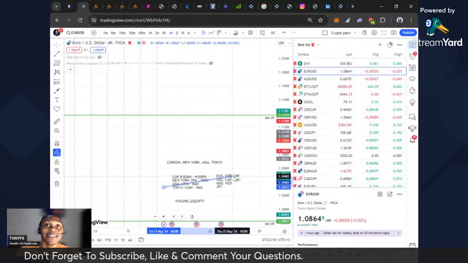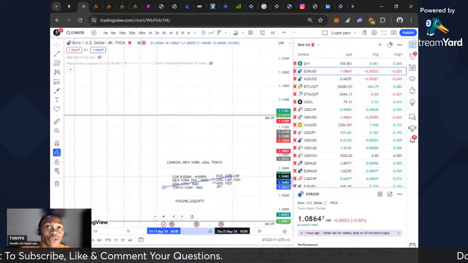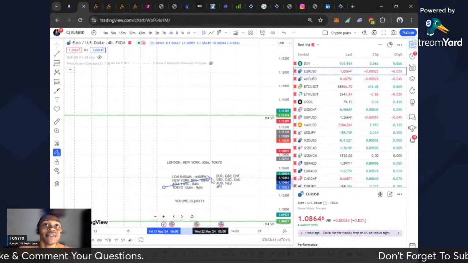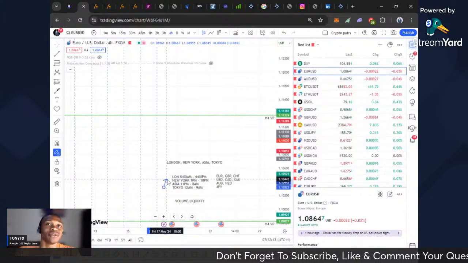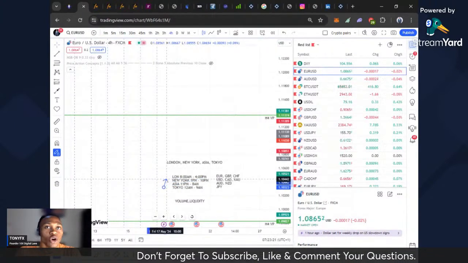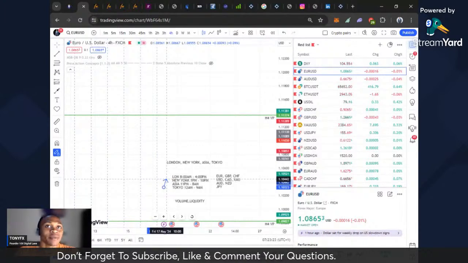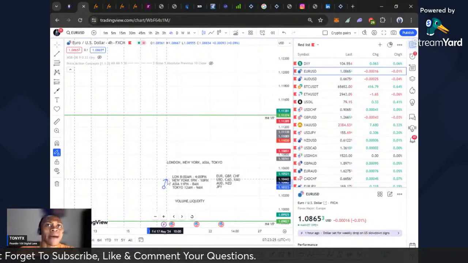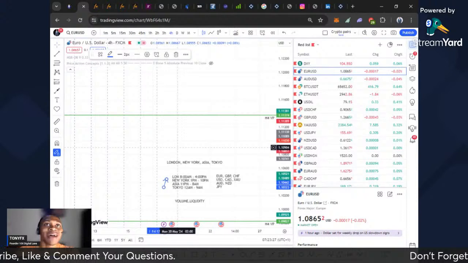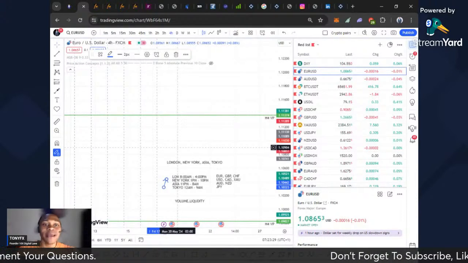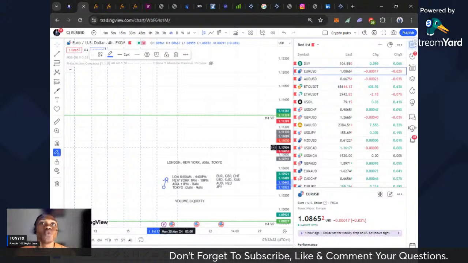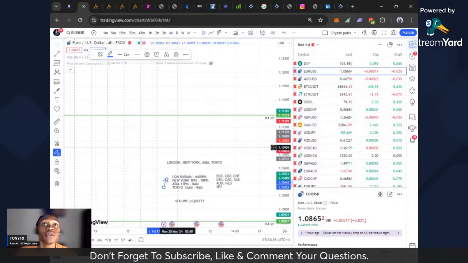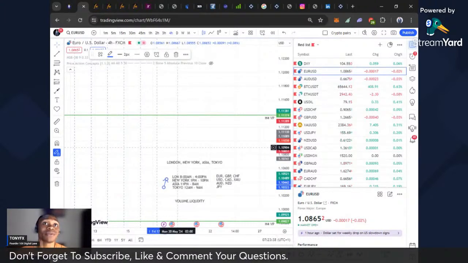The highest volume comes into this market when there is an overlap. What do I mean by overlap? What I mean is this: when banks in two regions are open at the same time, that's when the highest volume and liquidity can come into the market.